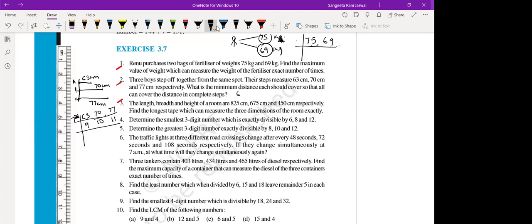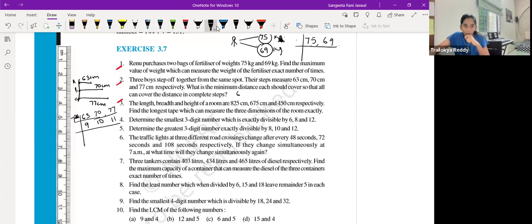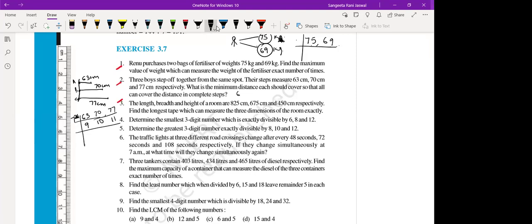Now 9, 10, and 11. Nothing common is here, 9, 10, and 11. So that is 9. Then that is 63. 63 into 11. Let's multiply and check what is the LCM.